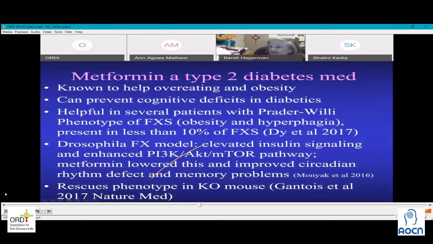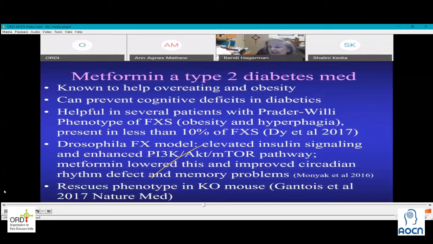So I first tried it in several patients with Fragile X that had this Prader-Willi phenotype, that is obesity with this lack of satiation after meals, where they keep eating after meals. This is seen in less than 10% of individuals with Fragile X syndrome, but can cause significant obesity.